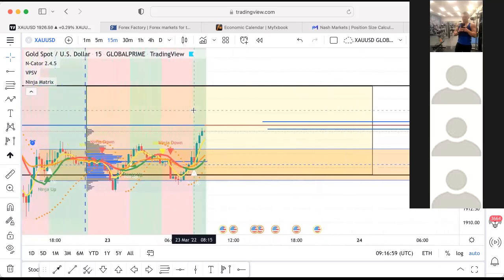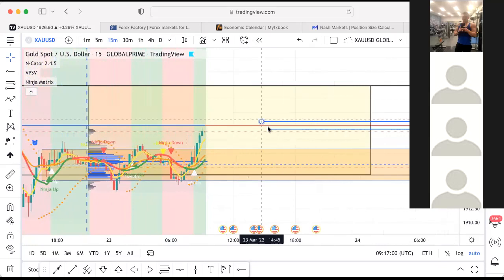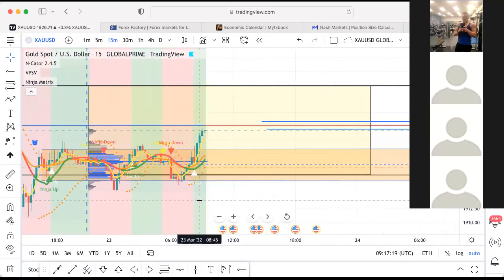Just to continue with this line of thought. If a candle is closed with a gap between the red line and my candle, I would still want my 3 confirmations. So I would still want to see the Ninja matrix was in my favor.